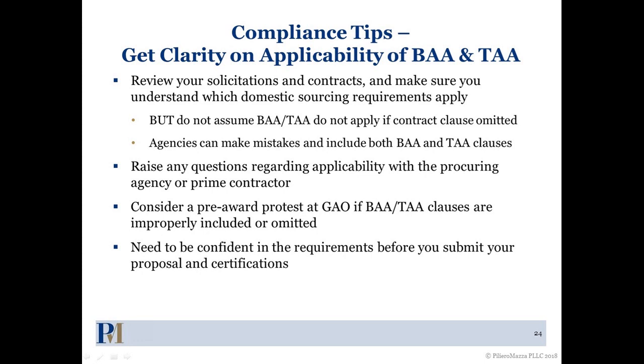The agency might determine that you're non-responsible due to non-compliance with BAA or TAA, and if you protest that determination, then you're not going to succeed if you didn't end up giving the agency information that it was requesting along the way. It's also important to note that the agency has no obligation to conduct clarifications to get that missing information. The obligation is on the offeror to provide information that's necessary to show that your products are compliant.